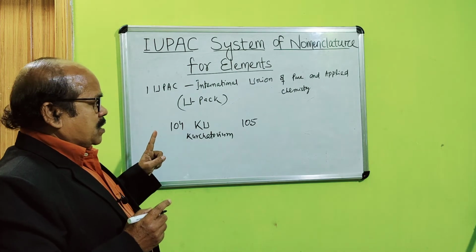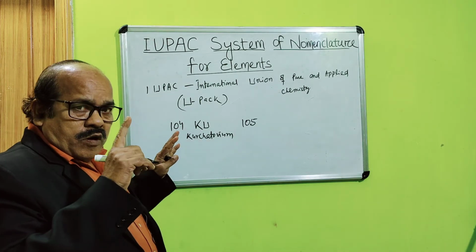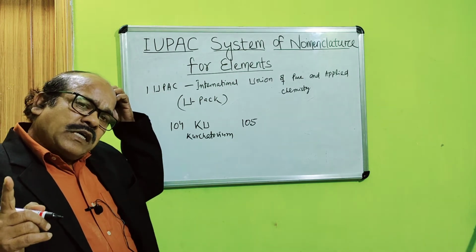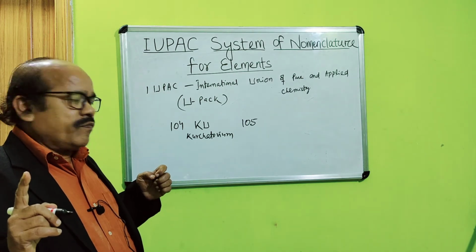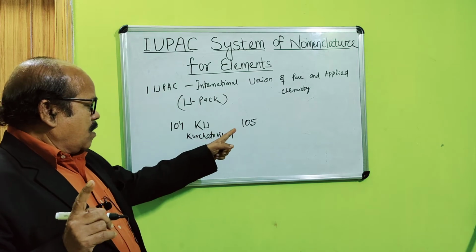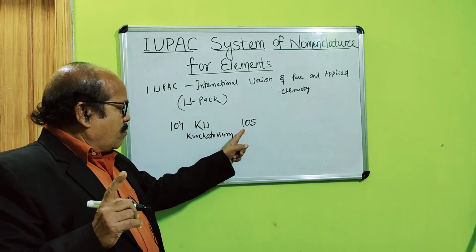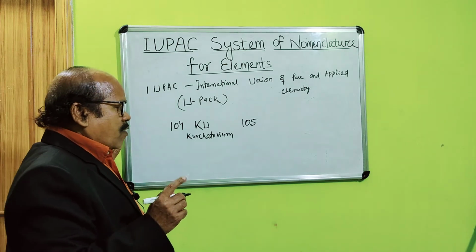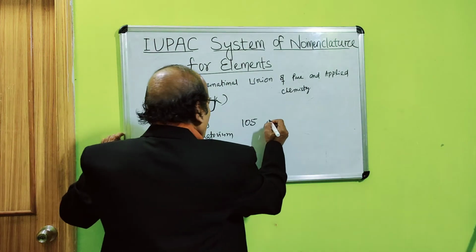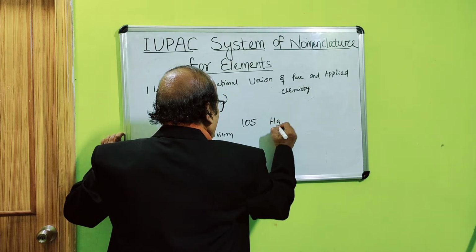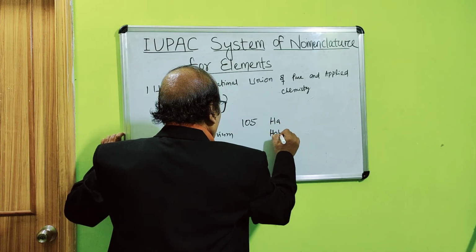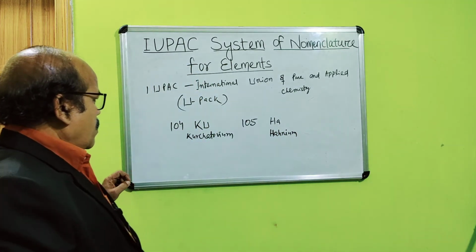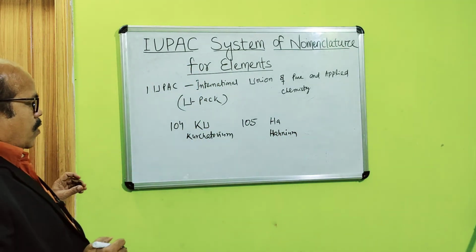Hence, IUPAC has formulated a particular rule for naming elements after 100. A similar problem we have found in the case of 105, which was Hahnium.